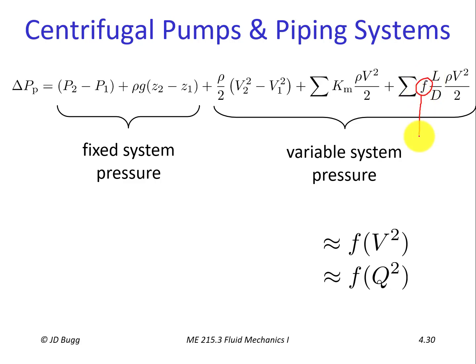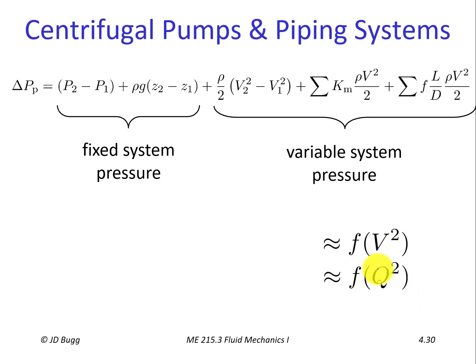It's a function of pipe roughness, but it's also a function of Reynolds number. And remember, Reynolds number has the velocity in it. So this pipe friction term is not exactly proportional to V squared. Now it turns out it's actually still quite close to being proportional to V squared. So that's why here I say this is approximately a function of V squared, and therefore approximately a function of the volume flow rate squared.